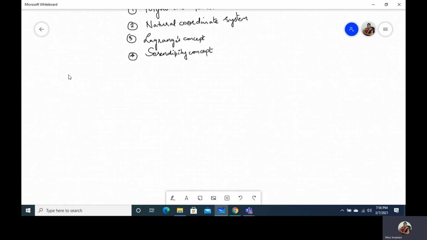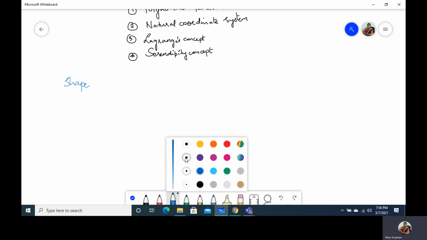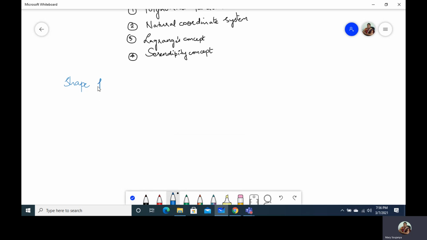When it comes to shape functions, shape functions of a CST element, that is constant strain triangle element, using polynomial functions.